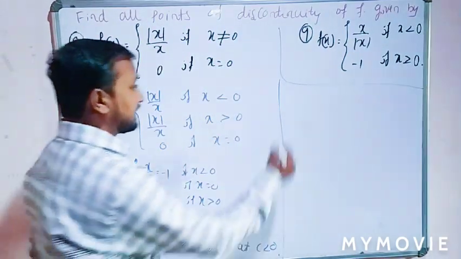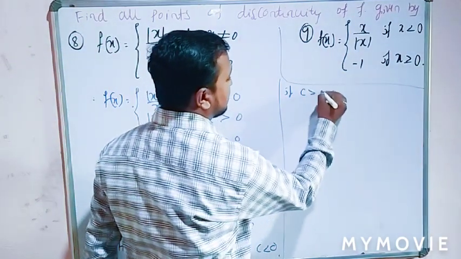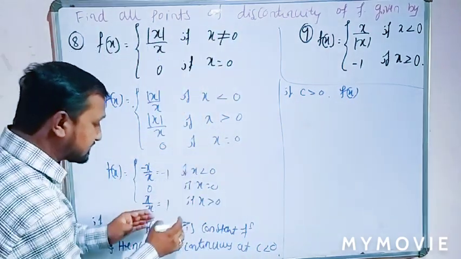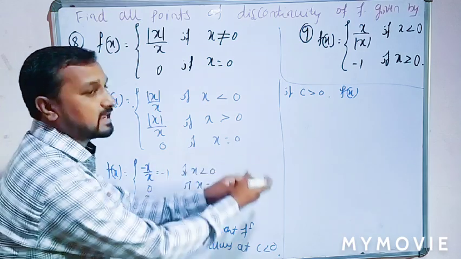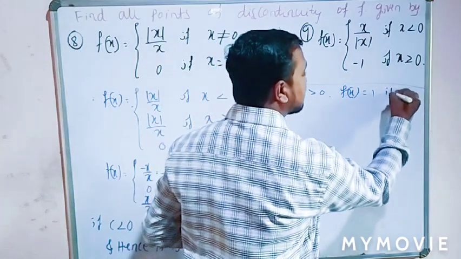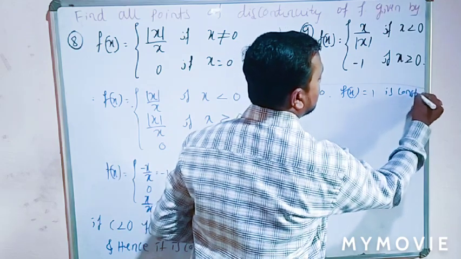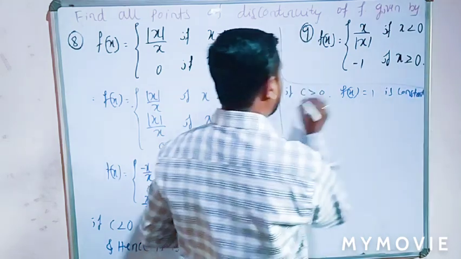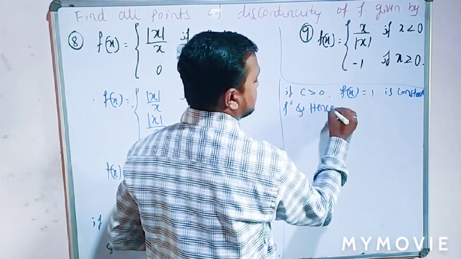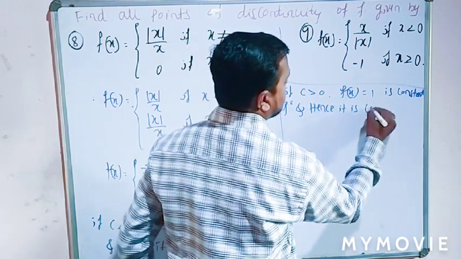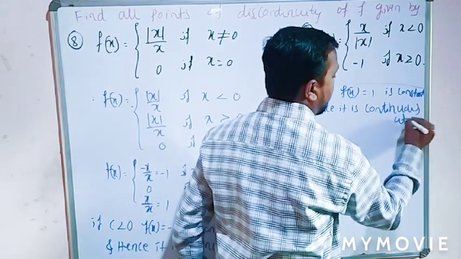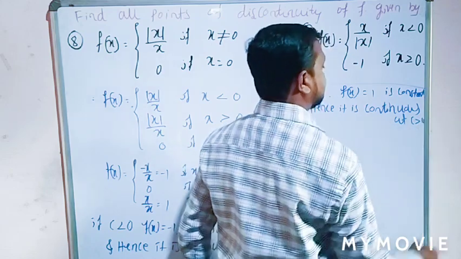Is that clear? Then again, if c is greater than 0, then f of x should be 1 for every real number greater than 0. f of x equal to 1 is also a constant function, and hence it is continuous at c greater than 0.